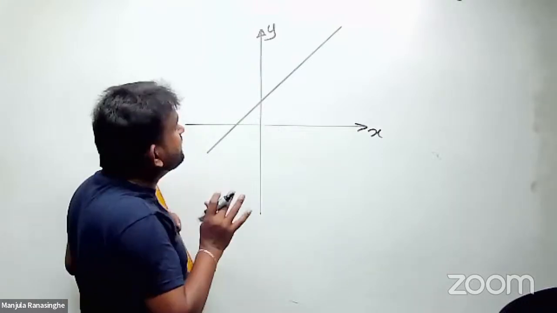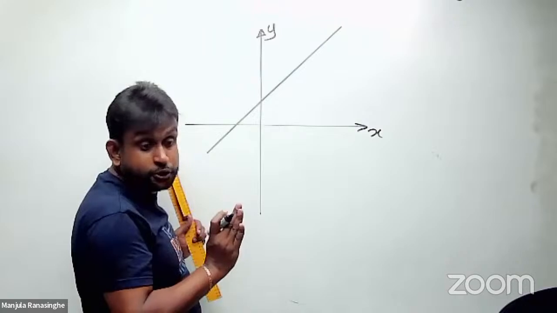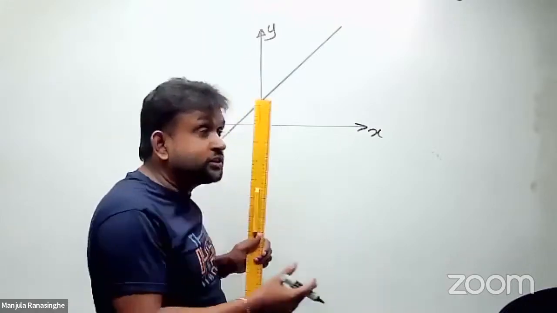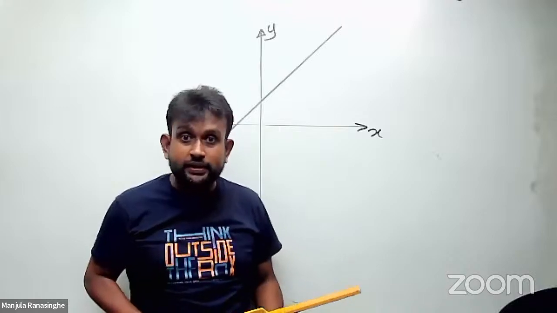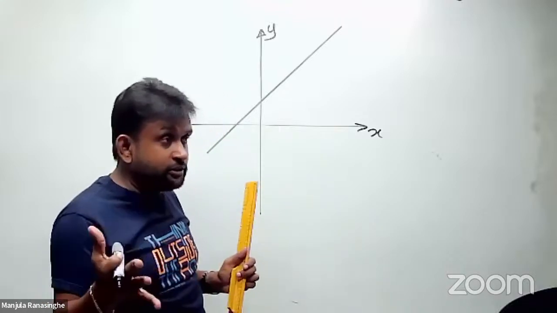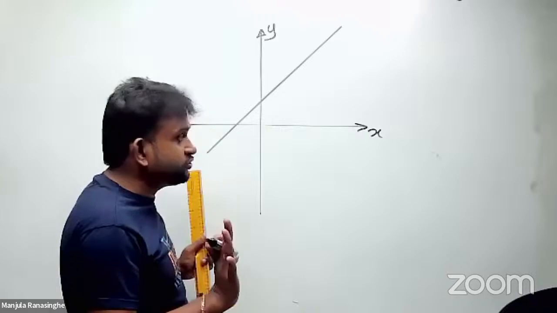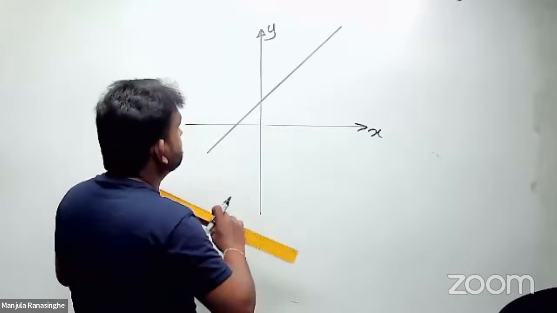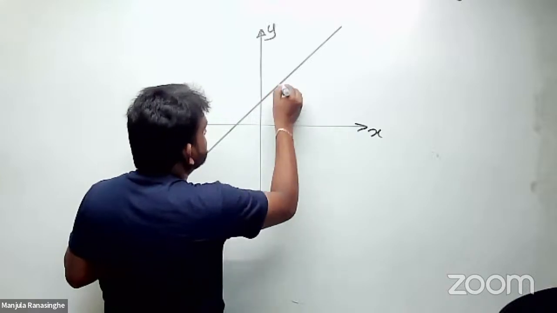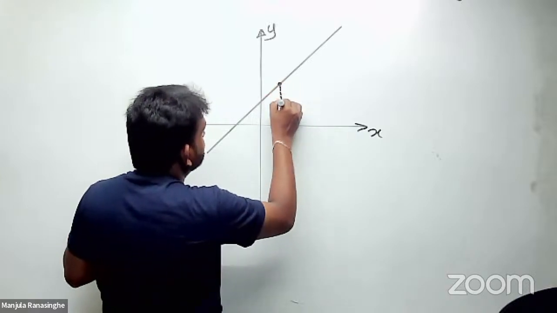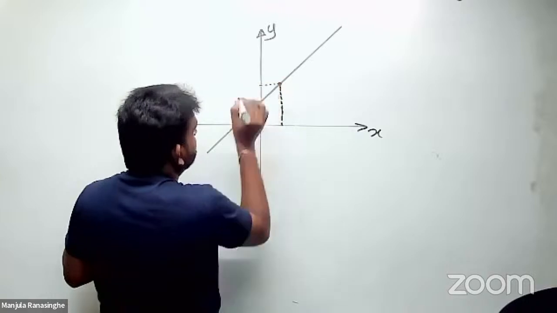The gradient means like the inclination, but actually not the inclination, the tan value of that inclination. You haven't learned trigonometry, but understand the concept. I imagine 2 points are required to find the gradient. This is the first point.